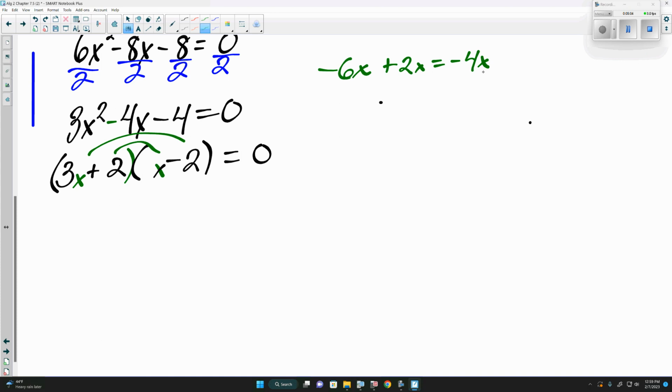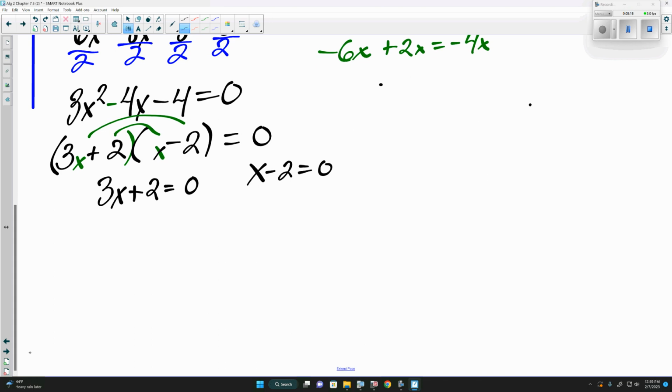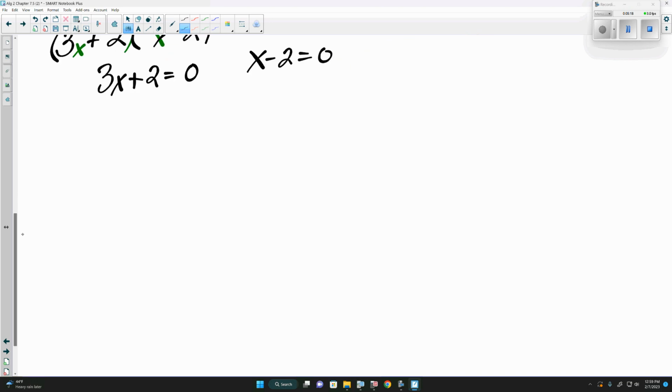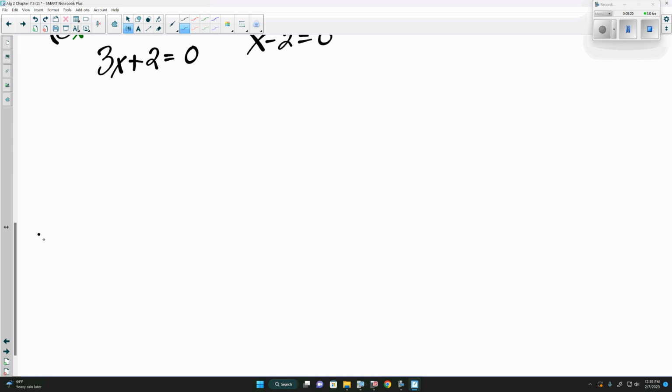Now at this point, we have two things multiplied together to equal 0, so one of them must be 0. So we have that 3x plus 2 is equal to 0, and x minus 2 is 0. With 3x plus 2, the first thing we can do is subtract 2 from both sides, telling us that 3x is equal to negative 2.